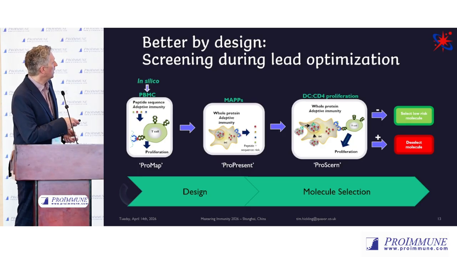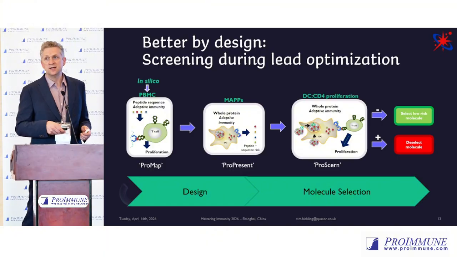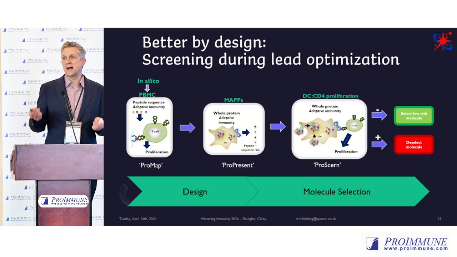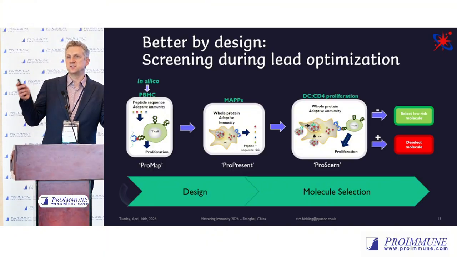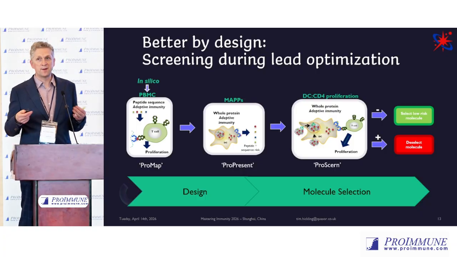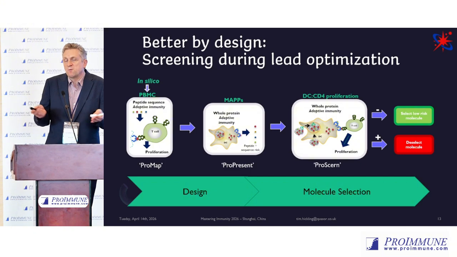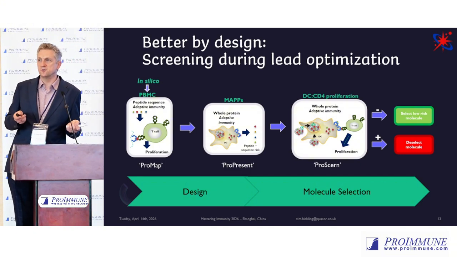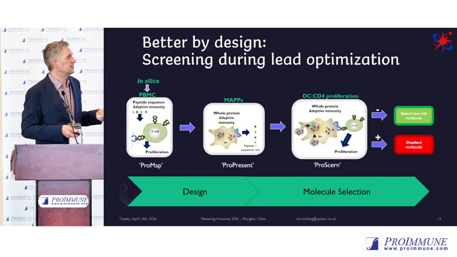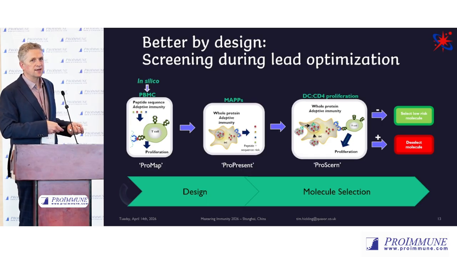I quite like putting together the PBMC and the MAPS data. If you've got your MAPS data and you know which sequences are presented, and you've already got that from a ProMap assay, then you're in a reasonable position to see where the liabilities are, what's going to cause me a problem, either when I put it into the clinic or when I put it into a more complex assay.